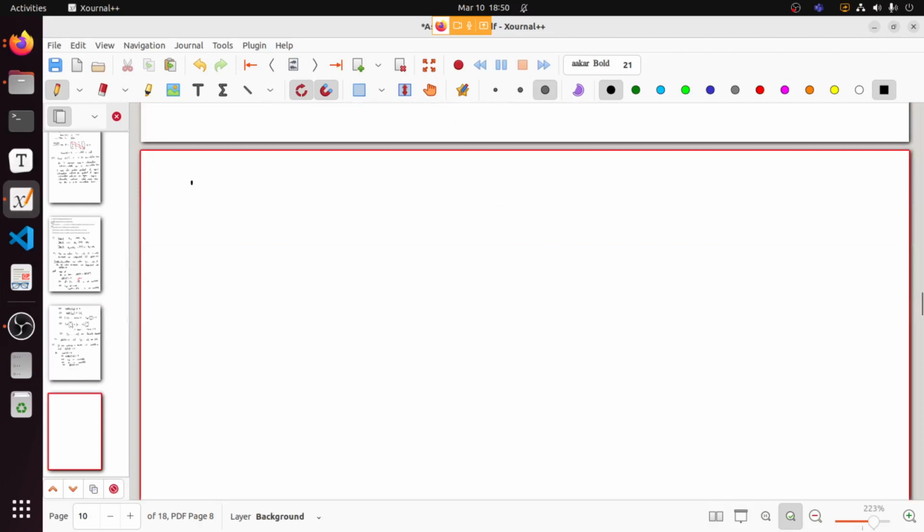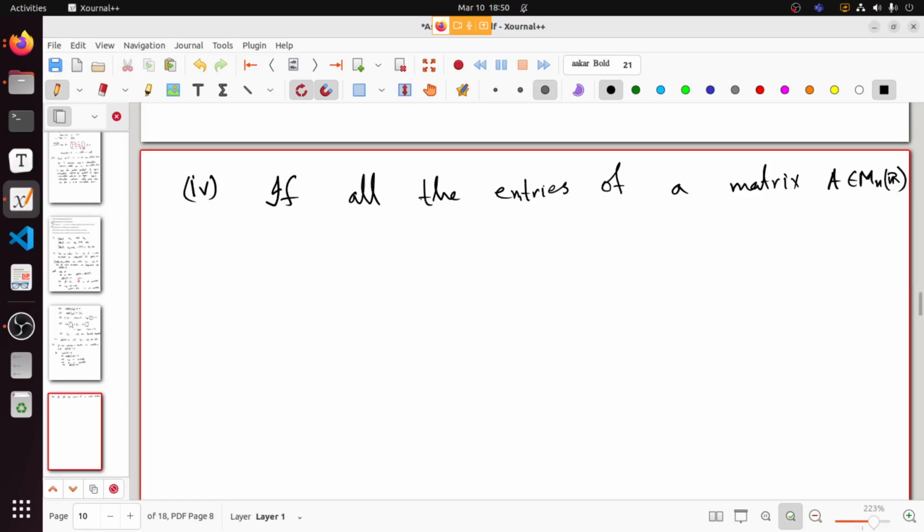Option number 4 is saying that if all the entries of a matrix A in MnR are non-zero, then the rank of A is non-zero. So this is correct, right?